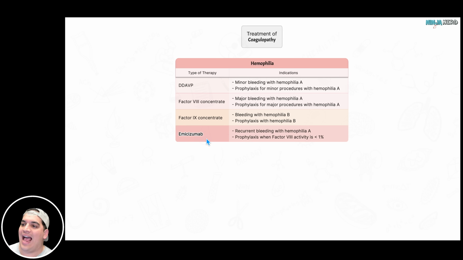It's basically like an artificial factor VIII to a degree, except it's not factor VIII. It acts like it, and it's a glue, and it takes factor IX and binds with it and then activates factor X. But you only do this if they continue to bleed despite this, and their activity is so low that we just basically don't even give them factor VIII at this point. We just prophylactically give them emicizumab.